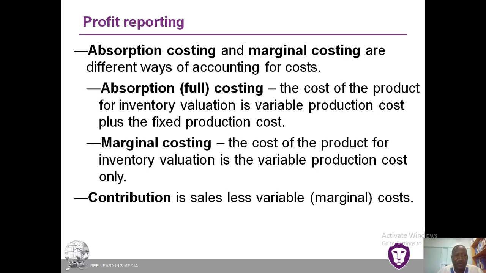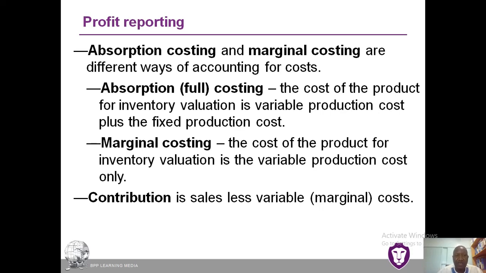Now on profit reporting, we look at the inventory valuation method. Sometimes you can value inventory based on absorption costing, or you can value inventory based on marginal costing. So what is absorption costing?